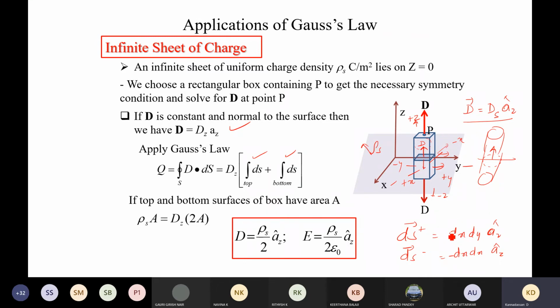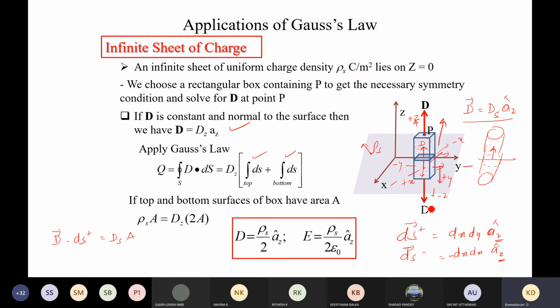You can just ignore this vector because this D vector will definitely be on the opposite side. So you will see that this D vector into dS vector positive will give D into the area.